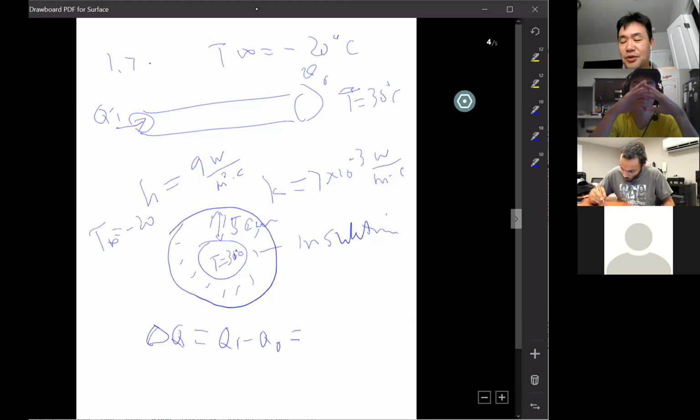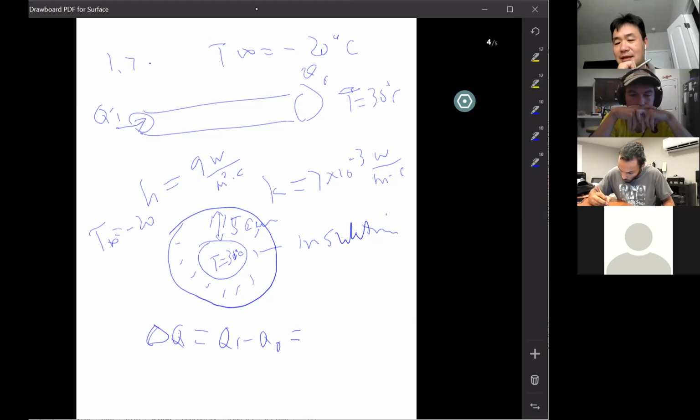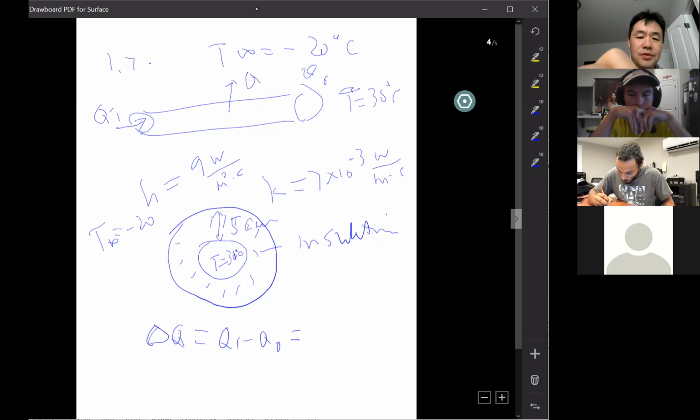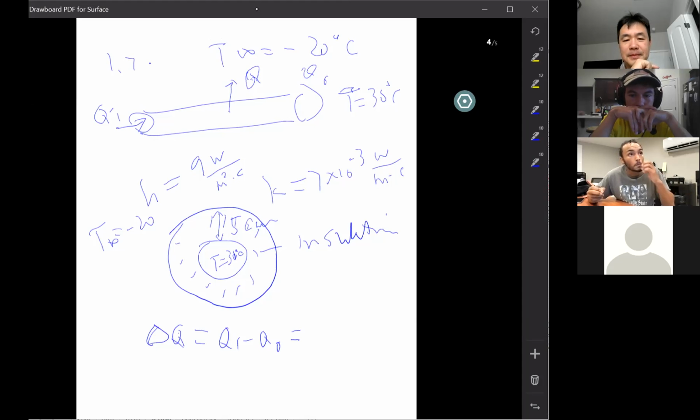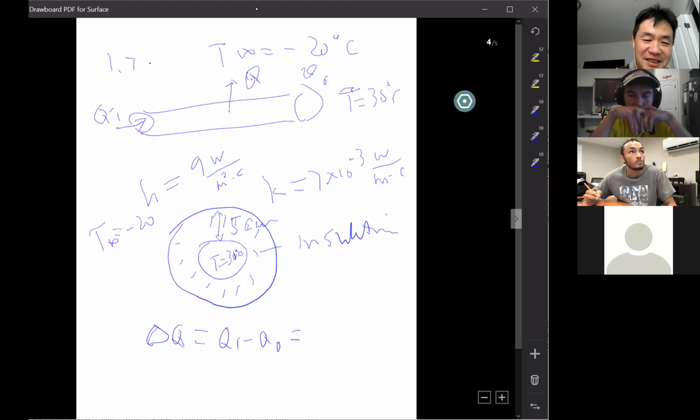This is the internal heat transfer problem. Last class, we talked about internal heat transfer: the change of energy along the flow direction is equivalent to the energy that goes out in that direction.